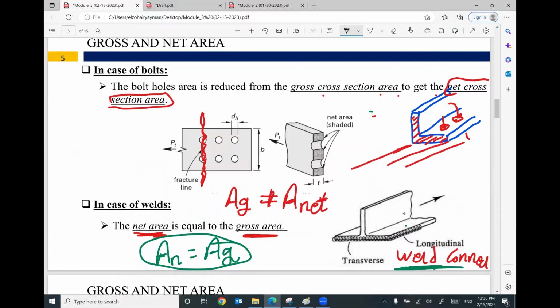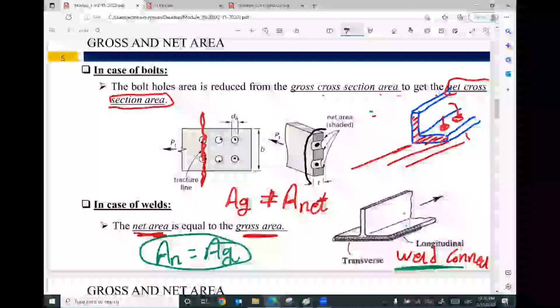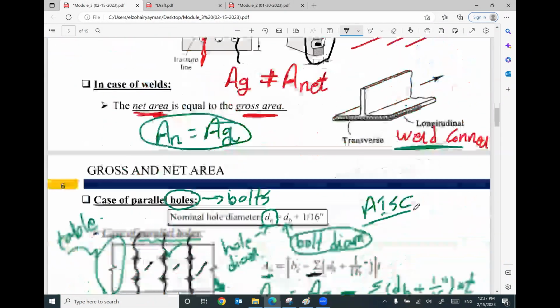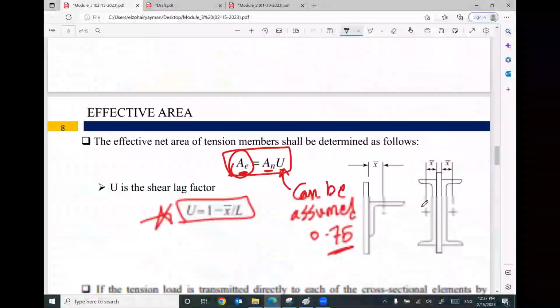Guys, if you did a cross section and you need to subtract this one and this one, this one represents only the 2 holes, not the 6 holes. That makes sense? So this cross section equals area gross minus this hole and this hole only, which is the number of holes in one cross section. So be careful about this.